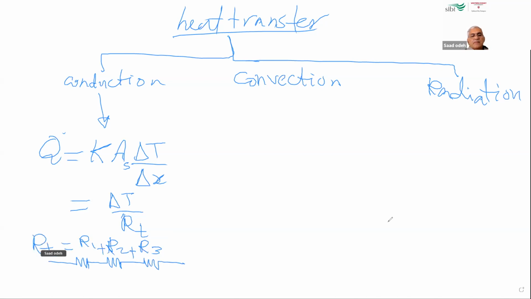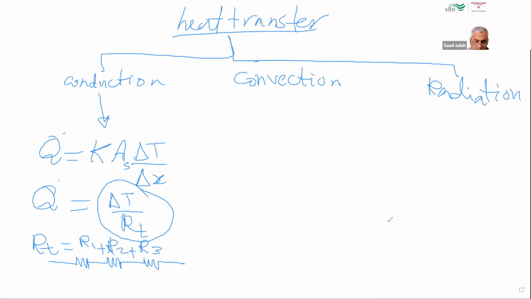I substitute this in this equation to get Q dot. That's maybe the easiest part of heat transfer. The only thing you need to do here is find the thermal resistance of each layer of the material.